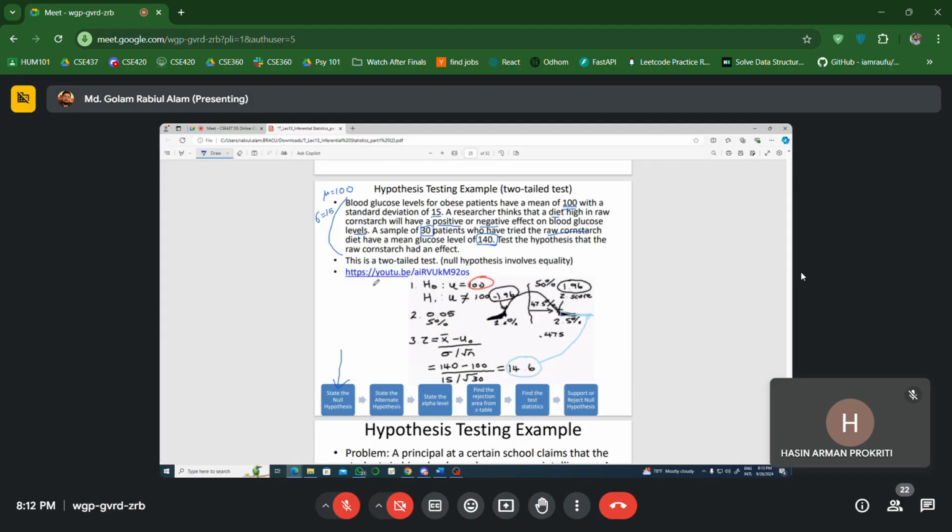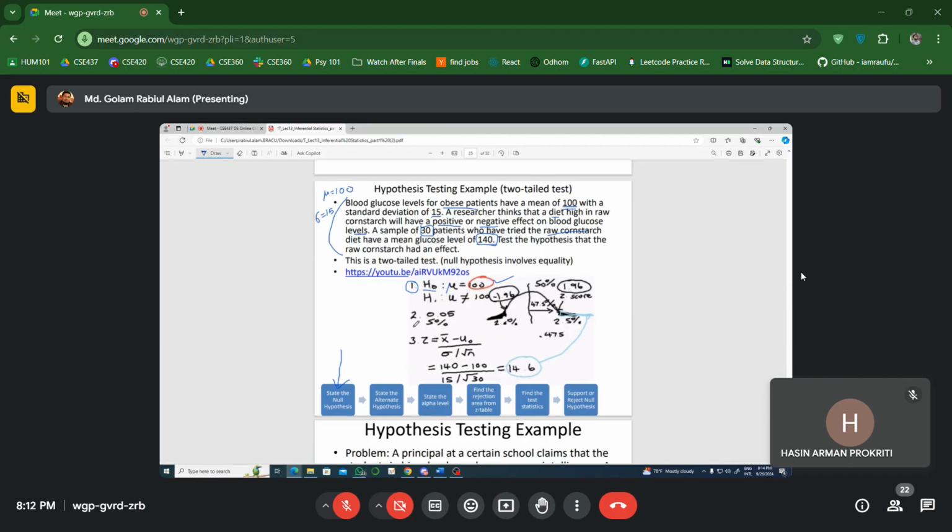In this case, the mean glucose level of obese patients is 100, so the null hypothesis is mu, that is mean, equal to 100.